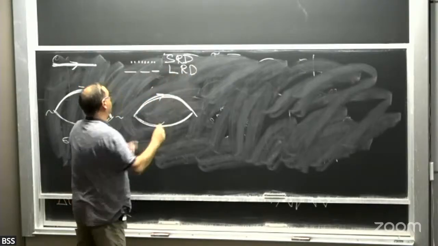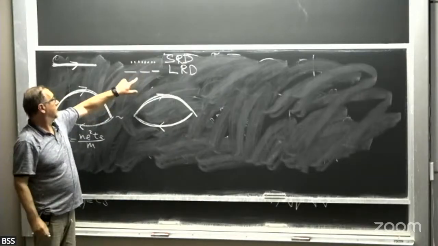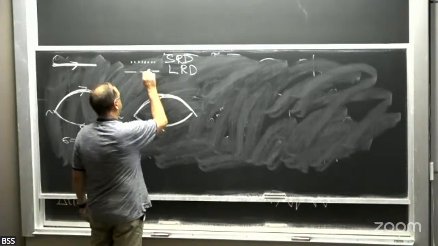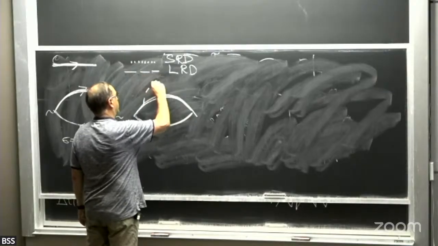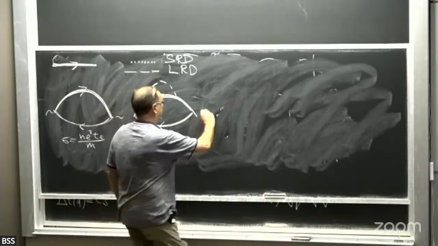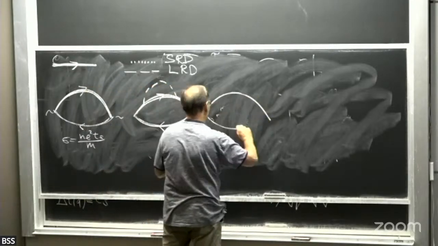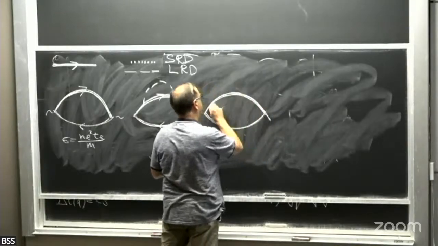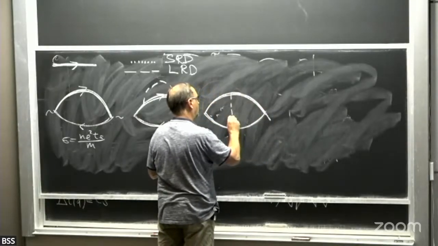So think of the dot here as point-like. This is the long dash, this is the long range line. So I can insert the long range correlation function as a self energy, and I can insert it as a vertex correction. And then it's only one because I'm doing lowest order perturbation theory.